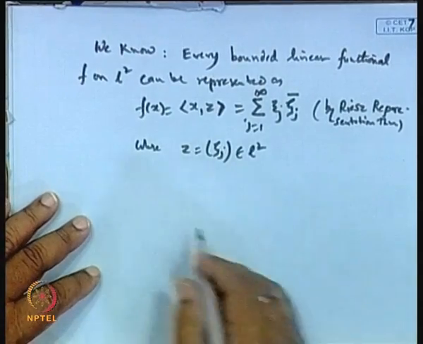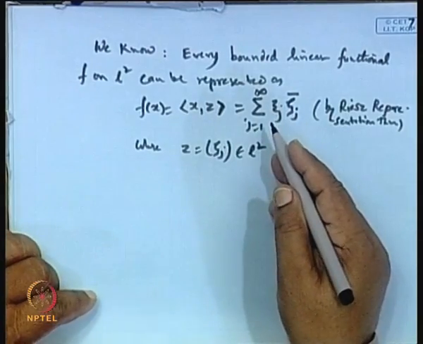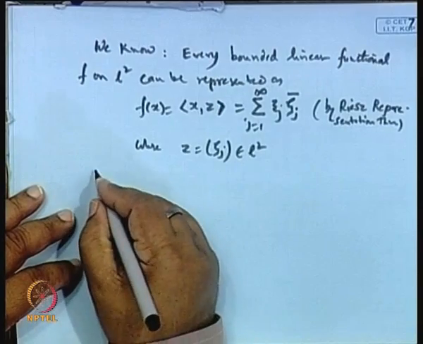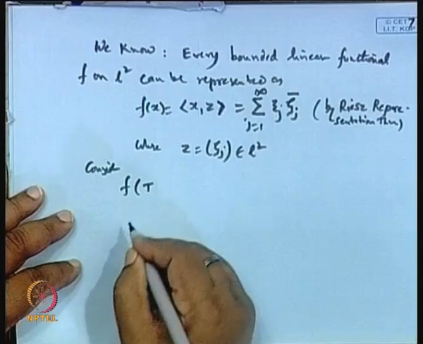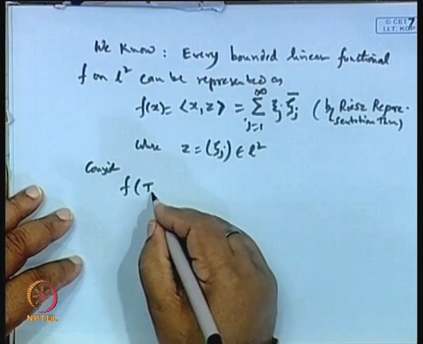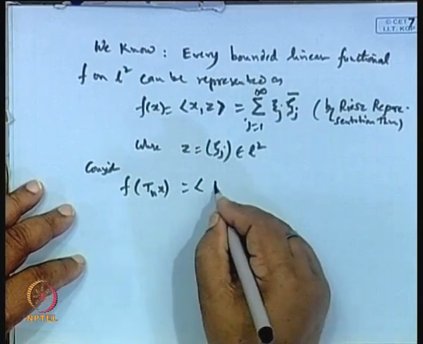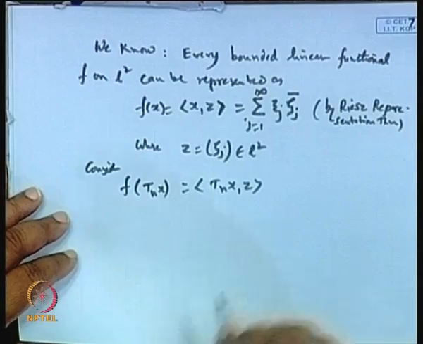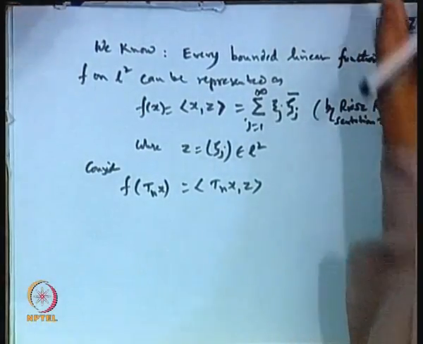Okay. Now, this can be written as j equal to 1 to n, and so on. So, let us take f, and consider f of T_n x. By definition this is the inner product of T_n x and z. But what is T_n x?